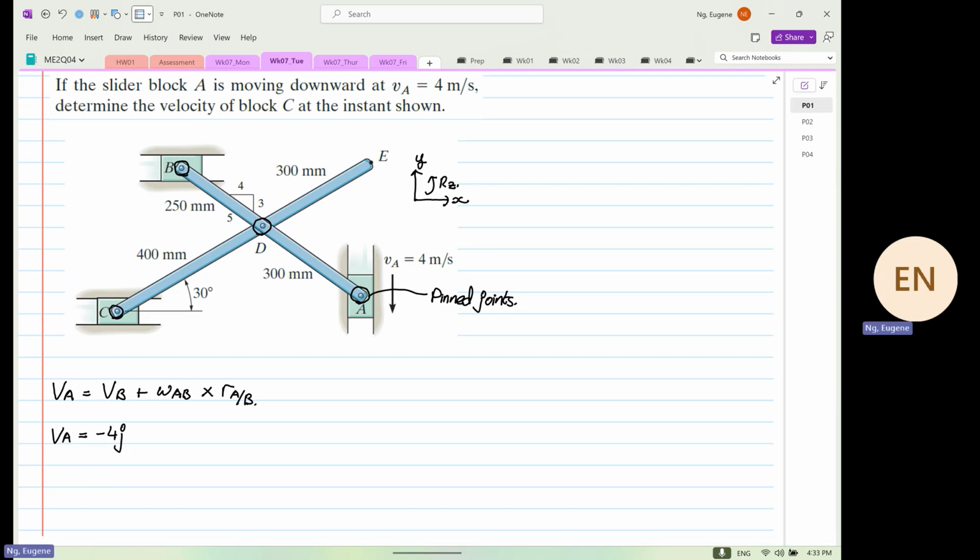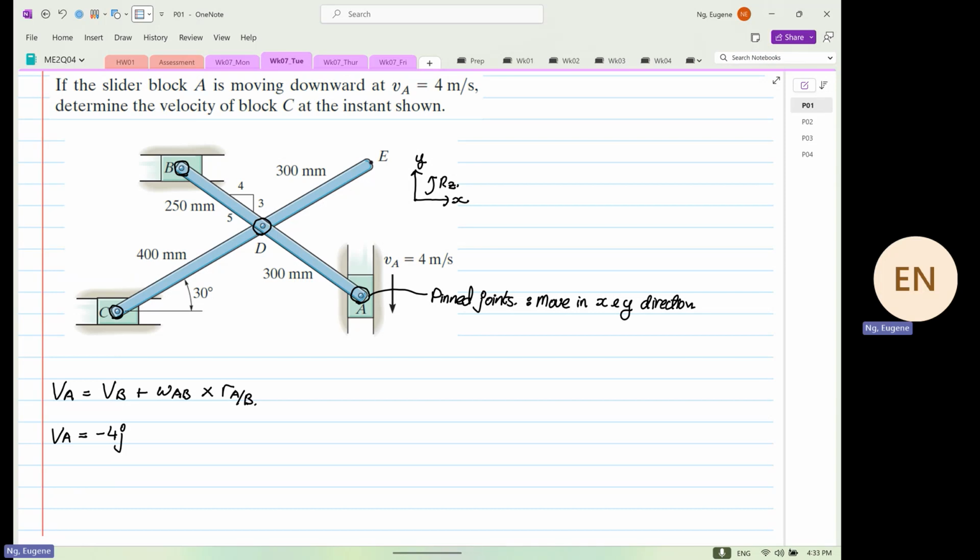For a pin joint in general, they can move in X and Y directions.